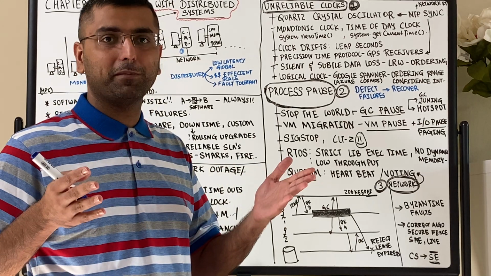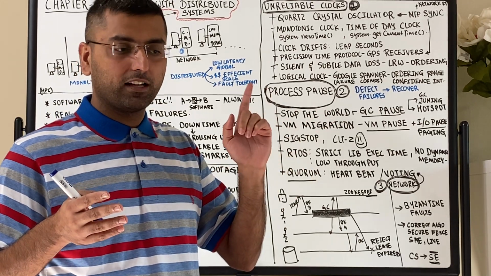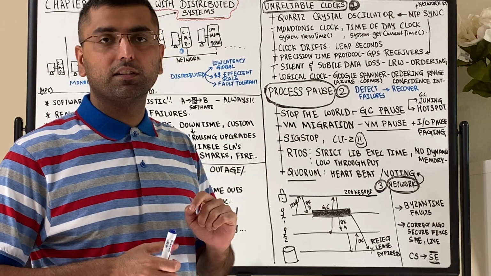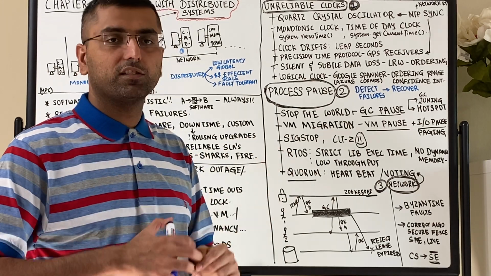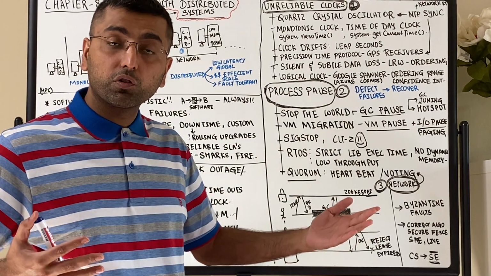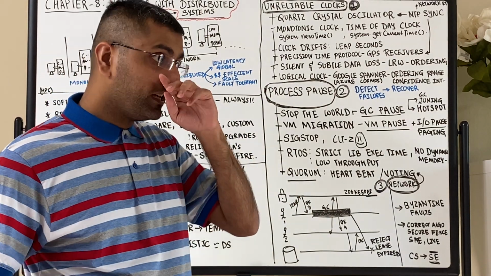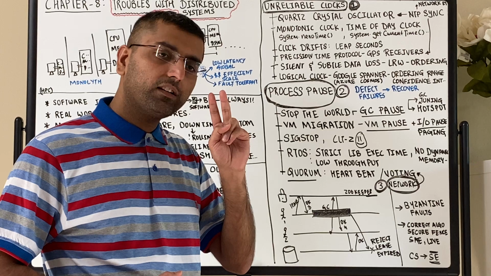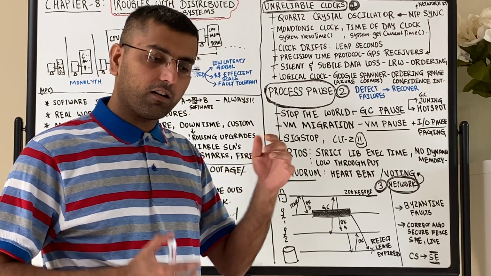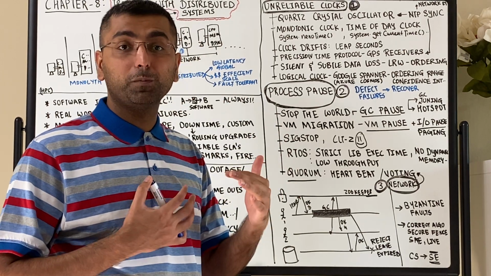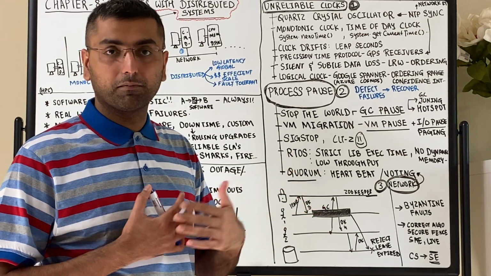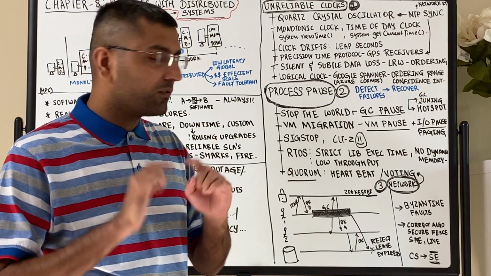A system administrator may decide to shut down this machine for various reasons, and everything that was going on can just be lost. So process pauses can happen. It could be that the machine is working very hard on a pretty complex job, or it could be that it's completely gone. That distinction is very important.